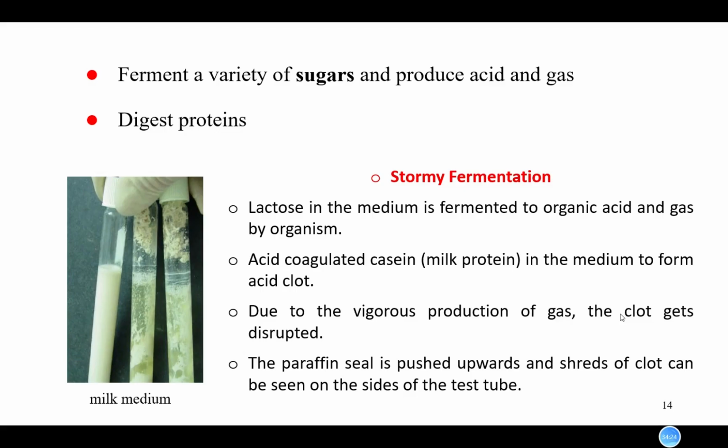The acid works on the protein molecules in the milk, denaturing the protein to form the acid clot, and the large amount of gas produced forms a lot of bubbles in the tube. So after fermentation, you can see a lot of protein clots and a lot of bubbles pushing up the clots. So it's called the stormy fermentation. This is the method to differentiate perfringens bacteria.